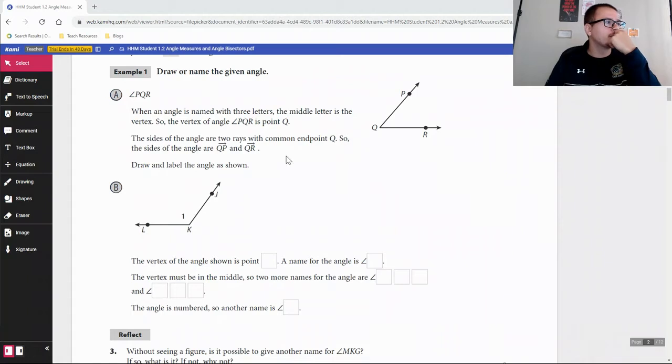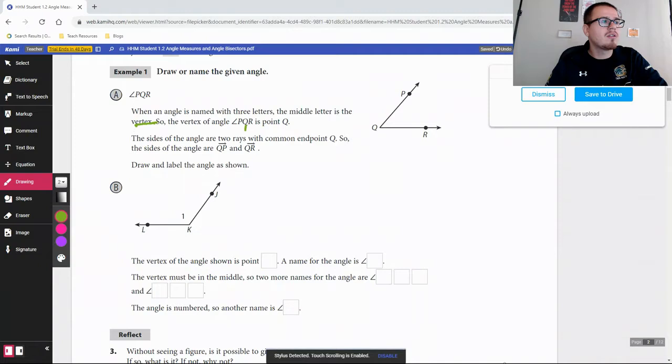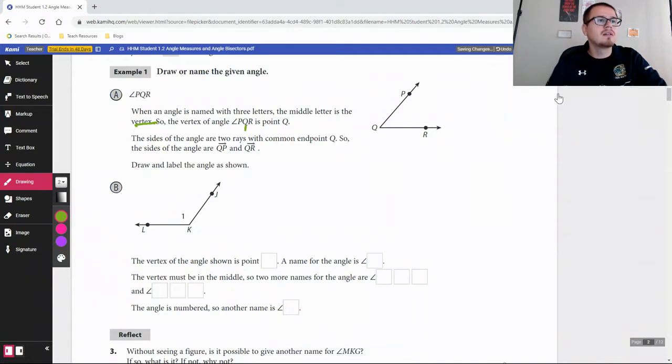All right, so we have the angle PQR. So that's its name, just like your name's important. The names of angles are important as well. The middle letter is the vertex, so that's definitely something you want to make sure that you understand. So the middle letter is always going to be the vertex. Make sure you got that down.